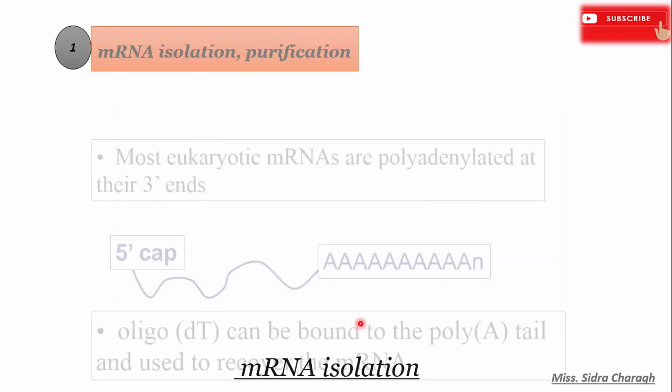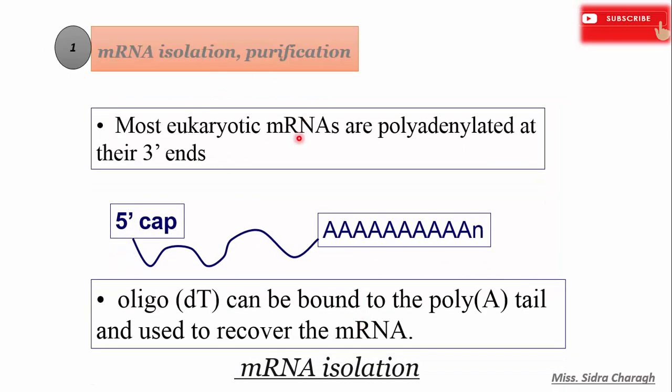In messenger RNA isolation, we see how we isolate and purify messenger RNA. You must be familiar that messenger RNAs are polyadenylated at their 3' end. It is messenger RNA having a poly A tail and 5' cap. So by using oligo-dT, we can easily recover messenger RNA because oligo-dT binds to this poly A tail and we can easily extract our messenger RNA.